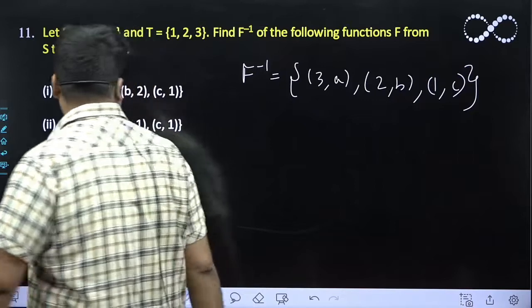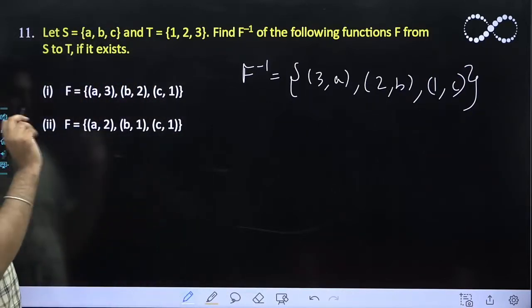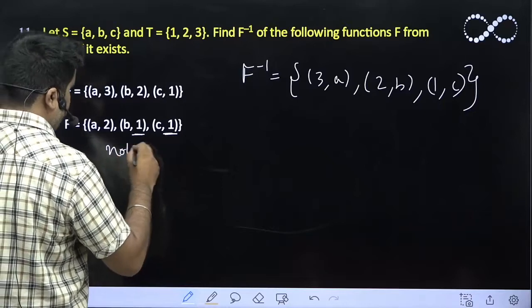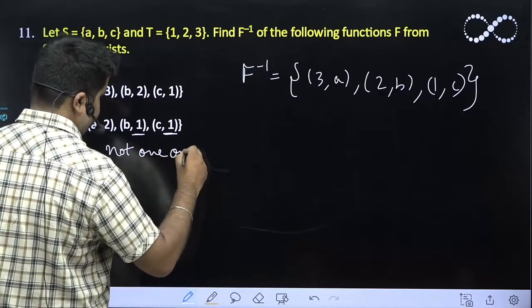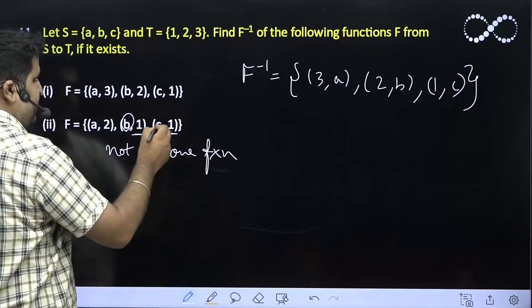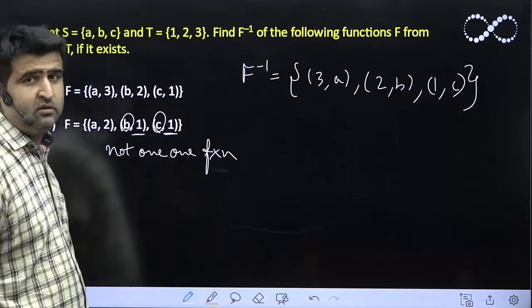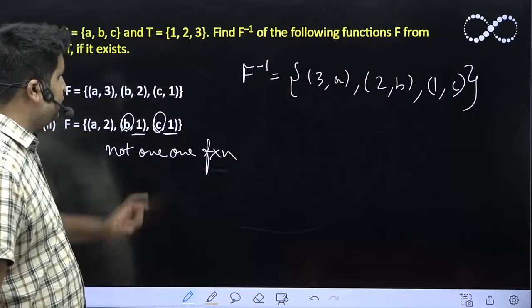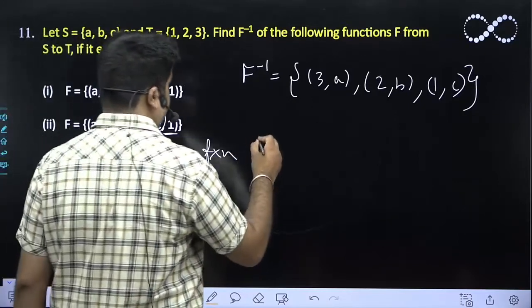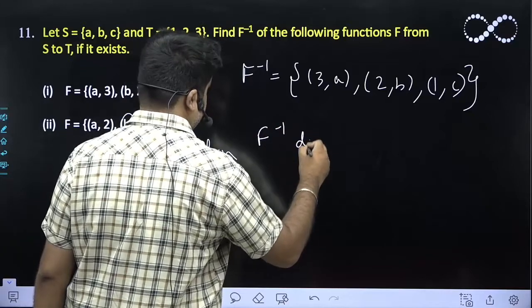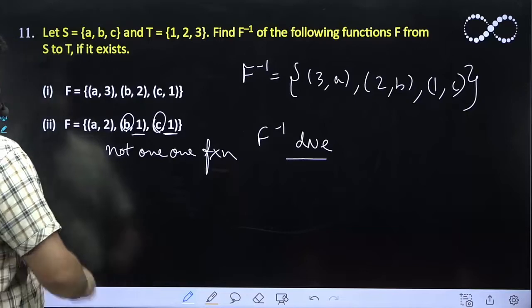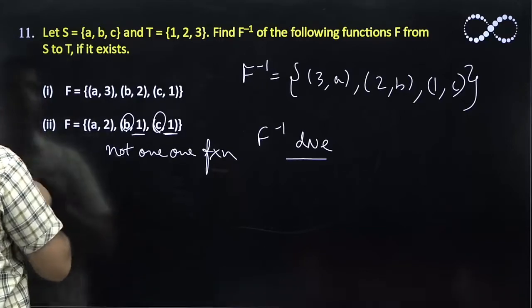But in this case, f inverse is not possible since this function is not a 1-1 function. You can easily see from here, two elements b and c have the same image. f of b is equal to f of c. Therefore, this is not a 1-1 function. f inverse does not exist. So, let's move on to the next one.